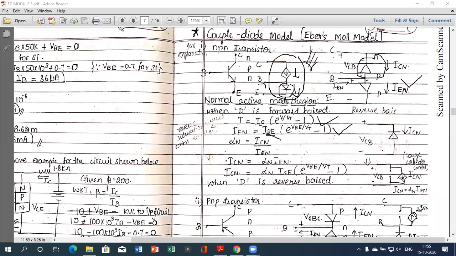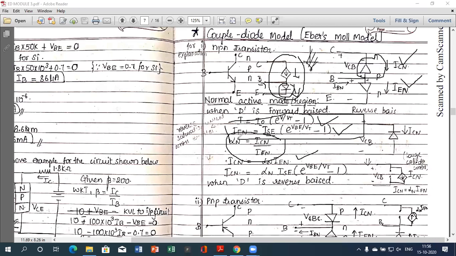The next is, we know that the current transfer ratio, alpha, is nothing but output current by input current. For this combination, the output current is IC, the input current is IE. Therefore, alpha is nothing but output by input, that is the current gain. So that is ICN by IEN. From this, ICN is nothing but alpha N into IEN. What is IEN? IEN is this much.